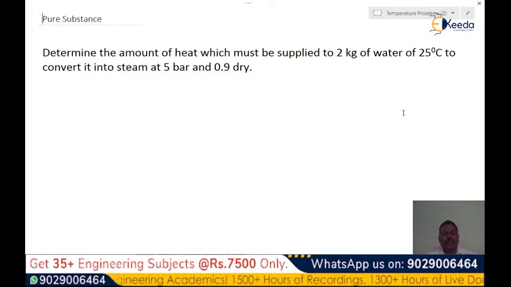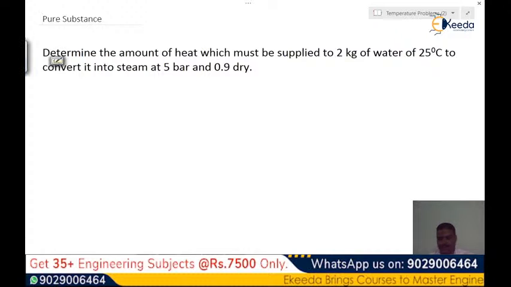That means it is not dry saturated steam, it is wet steam, because the dryness fraction is 0.9. If the dryness fraction is 1, it is dry saturated steam. If the dryness fraction is 0, it is saturated liquid. And if the dryness fraction varies from 0 to 1, it is wet steam. While solving the problems, you will understand better. Let me start.